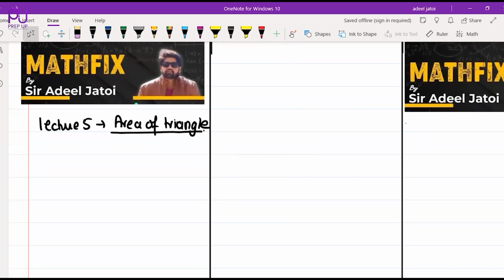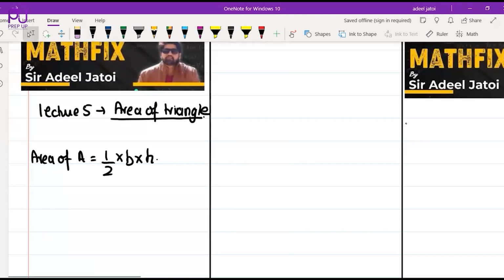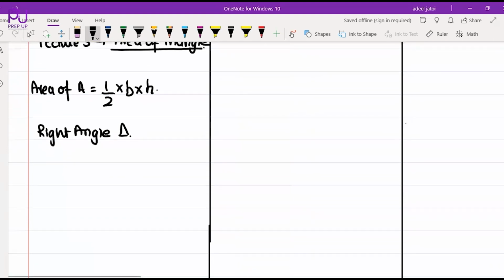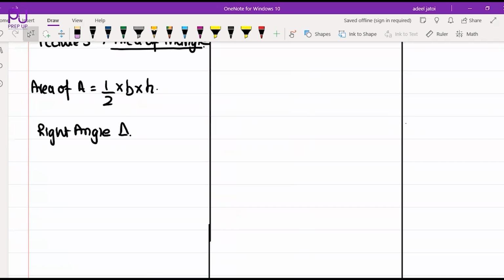What we have been using is area of triangle, which is half into base into height, which is normally used in your right angle triangle. But this formula is derived from the original formula.